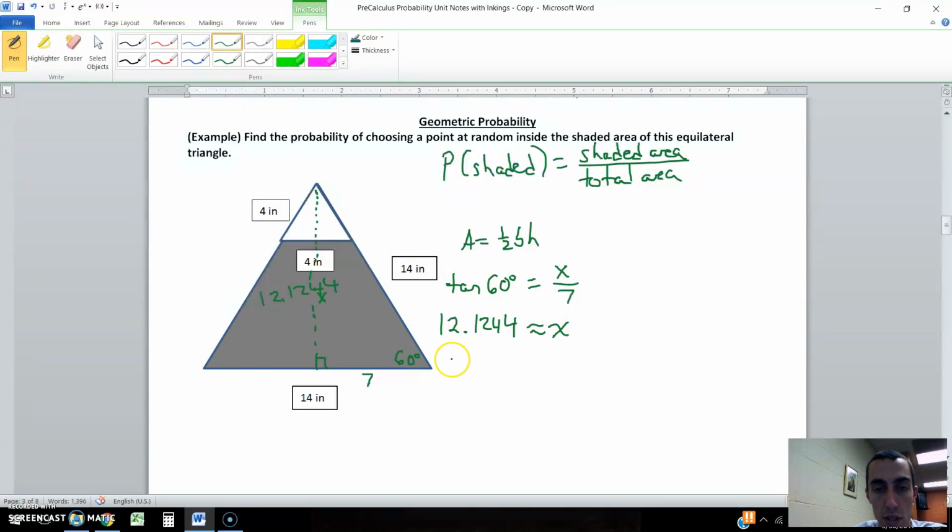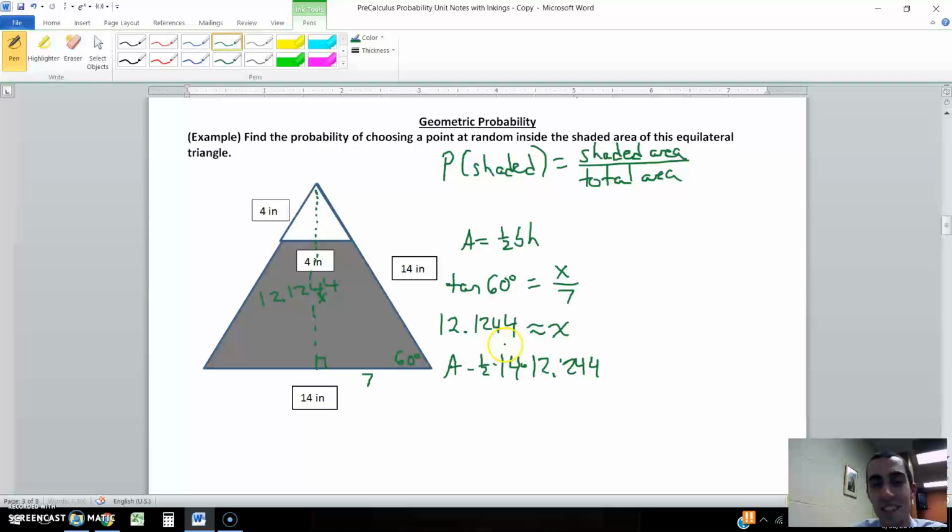So now we'll use area equals 1/2 base times height to find the area of this big entire triangle. So area then is 1/2 times the base, which is 14, times that height, approximately that.